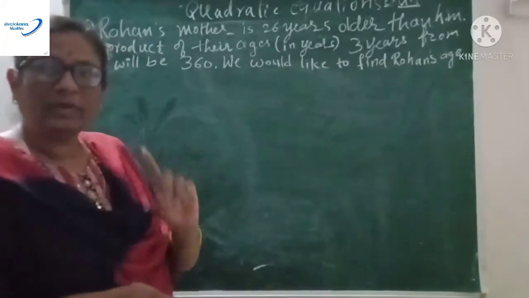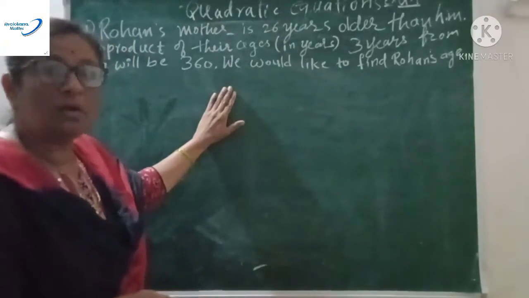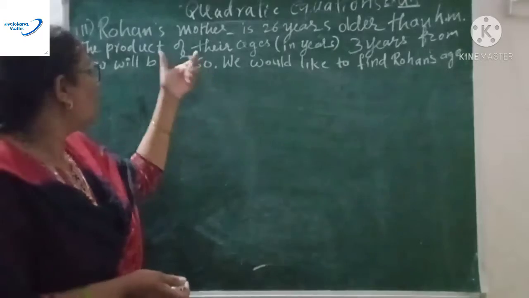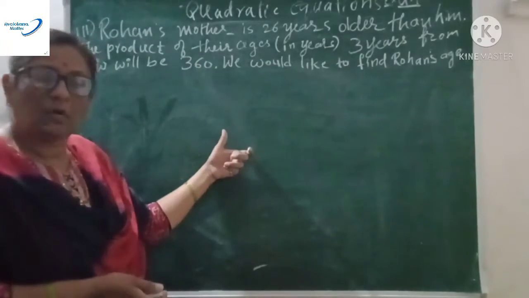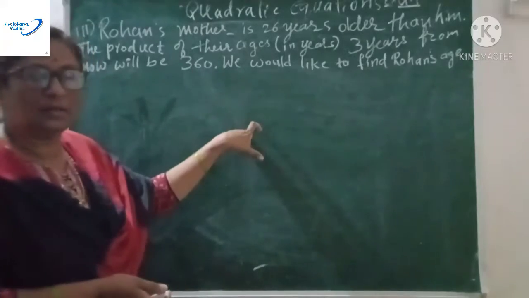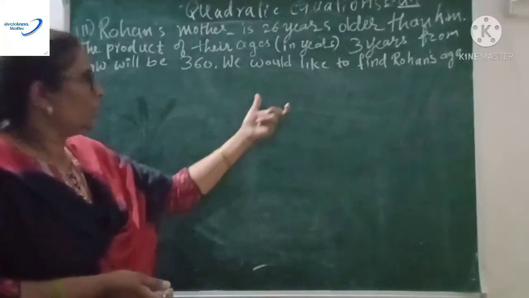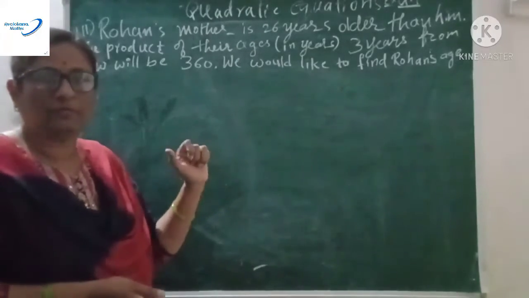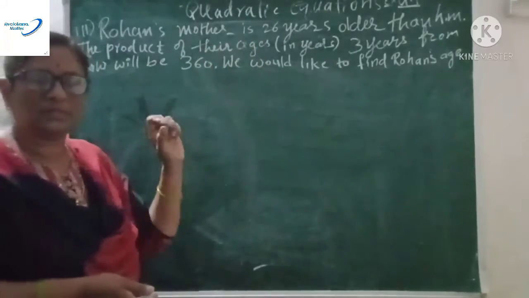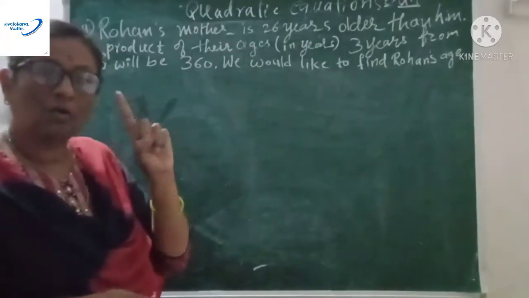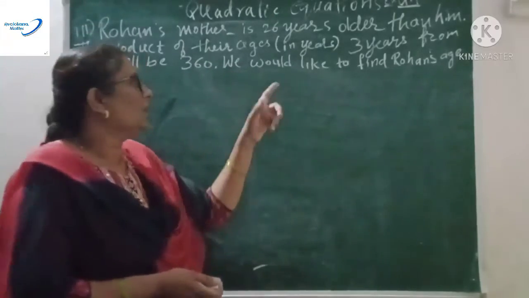So children, always read the question well, understand it. In what way you have to understand? What is given? What relation are you given? Then what to find? Then how to find? Automatically you will get it without much work. So these are very regular problems. Just use a little logic, concentrate, and you will get the answers automatically.